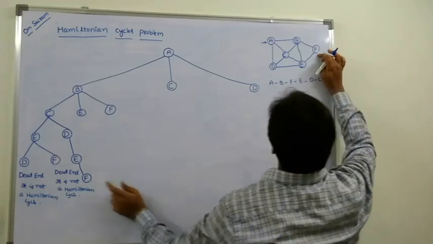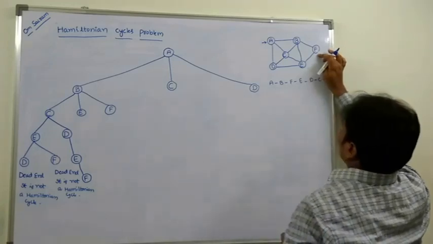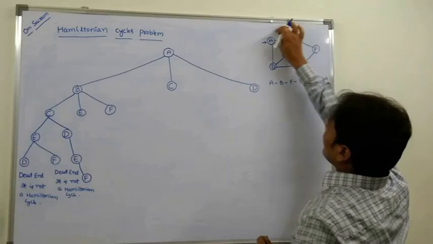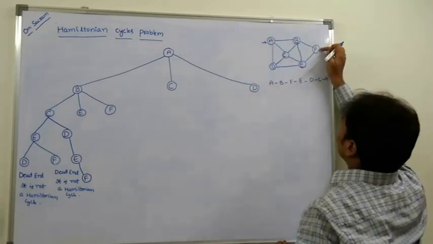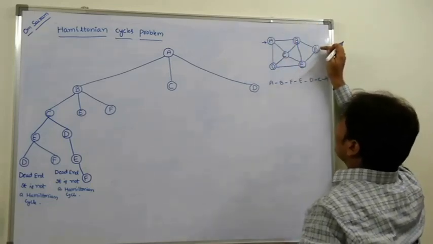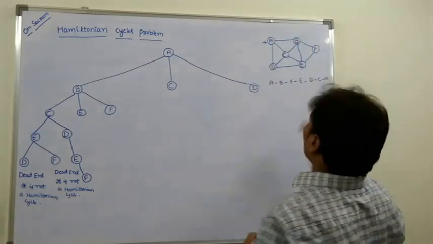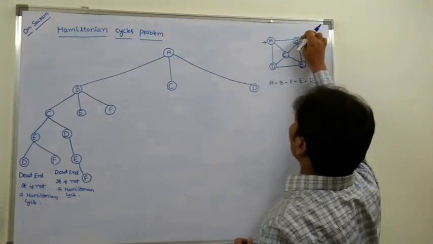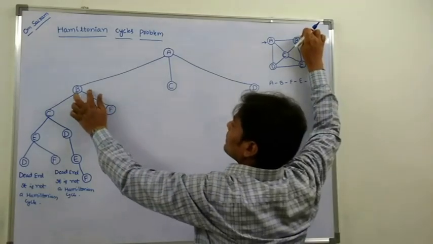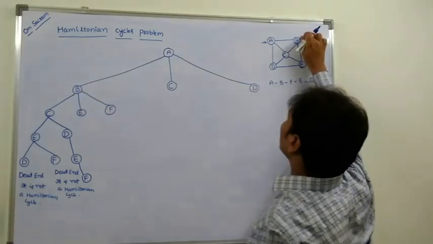So after visiting F, we are returning to the starting vertex, but there is no direct edge between vertex F and vertex A. But via B there is, but B is already visited in that path.